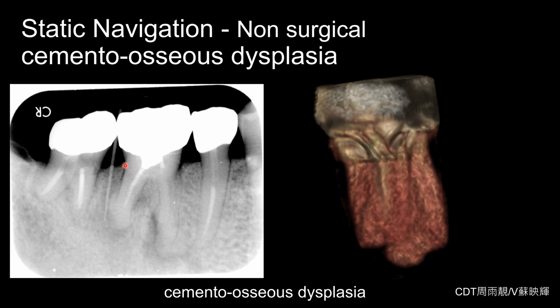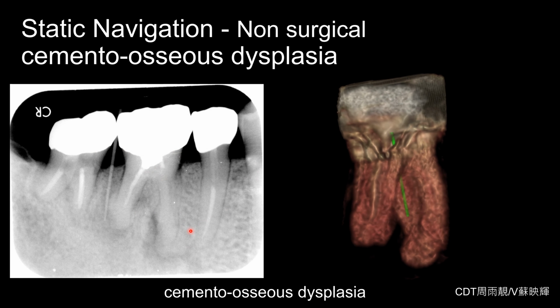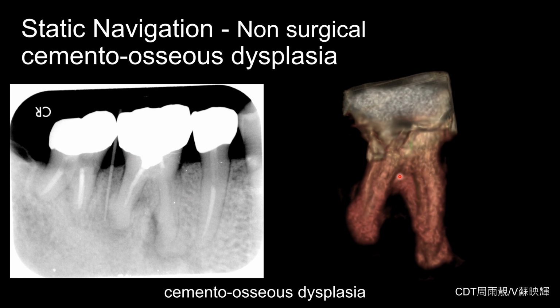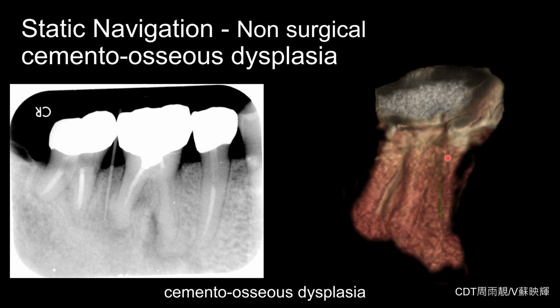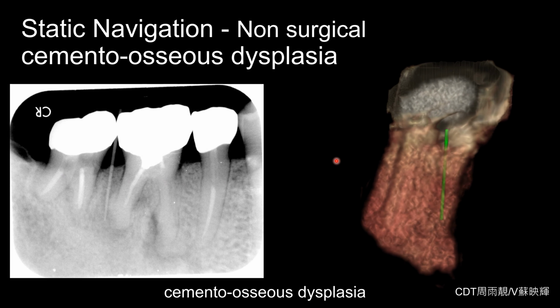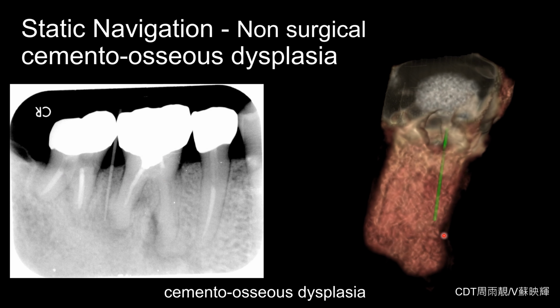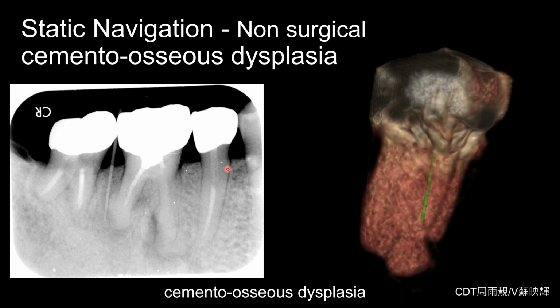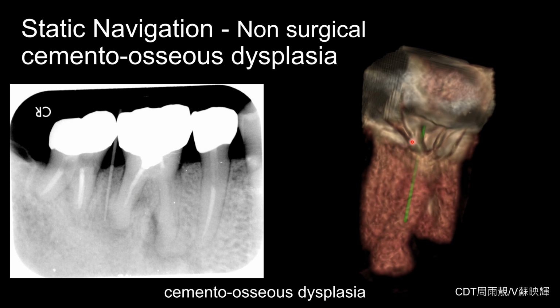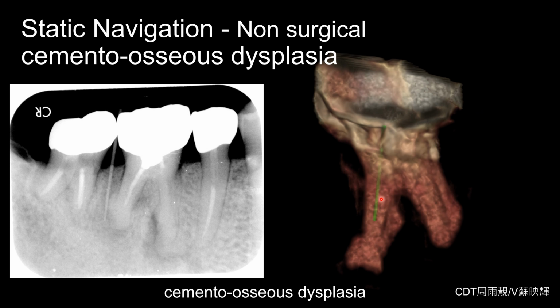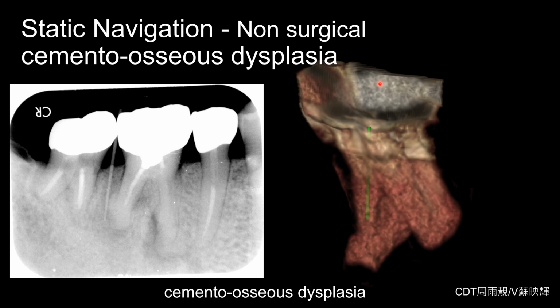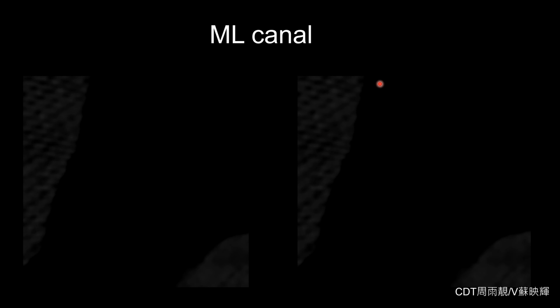After I removed the crown and tried to do the endodontic retreatment, I found that the mesiolingual canal was missed, which I could not deal with. So I planned for the mesiolingual canal, which was obliterated. So I put this green drill here and tried to do static navigation.